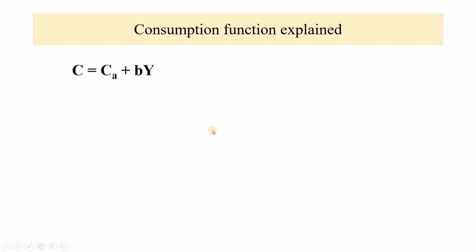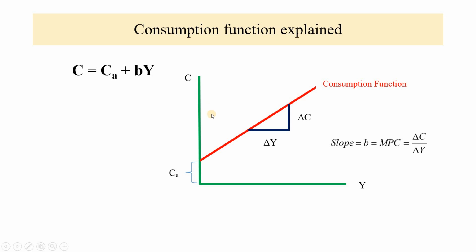So if we want to explain this consumption function, see the graph here. It is drawn on the assumption of consumption against its disposable income, or if we indicate national income, then no need to see the YD here.